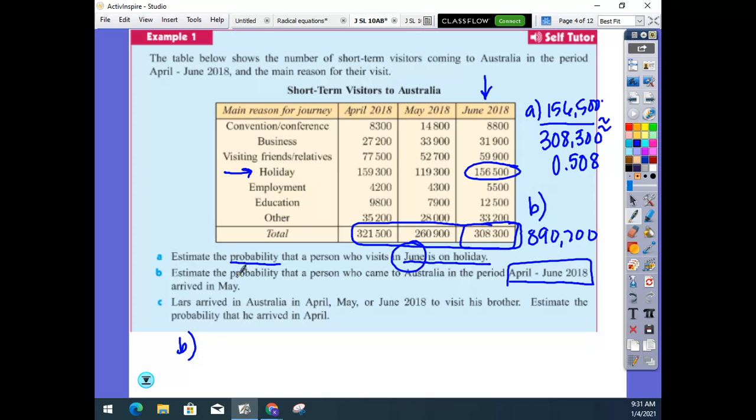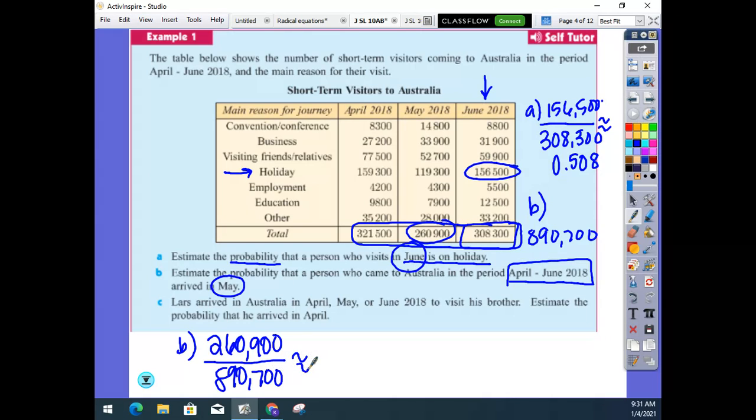Out of the total who visited, how many came in May? So this was May. Out of the total who visited, and then divide to get your decimal, 3 sig figs. Always make sure you're doing 3 sig figs.